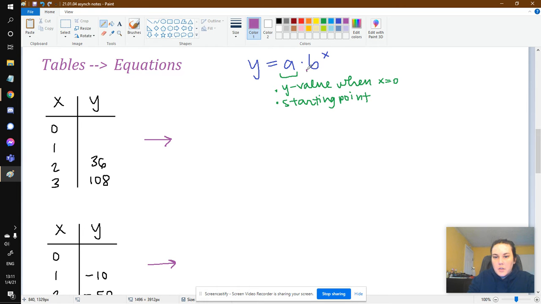And then this other number is the number you're multiplying by when we're trying to find the next thing in our equation.